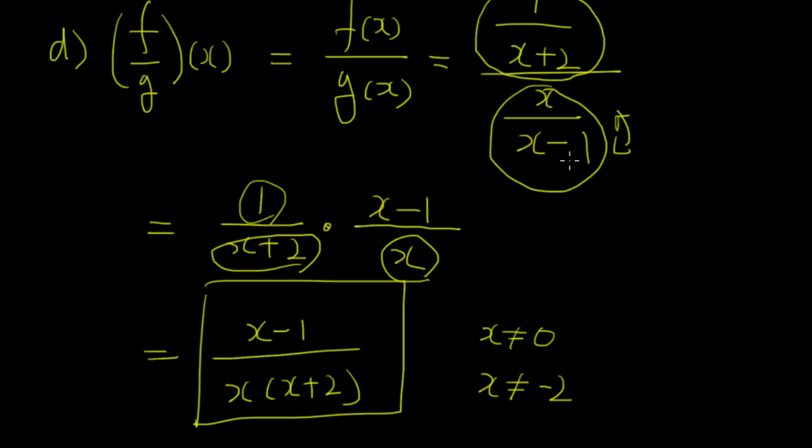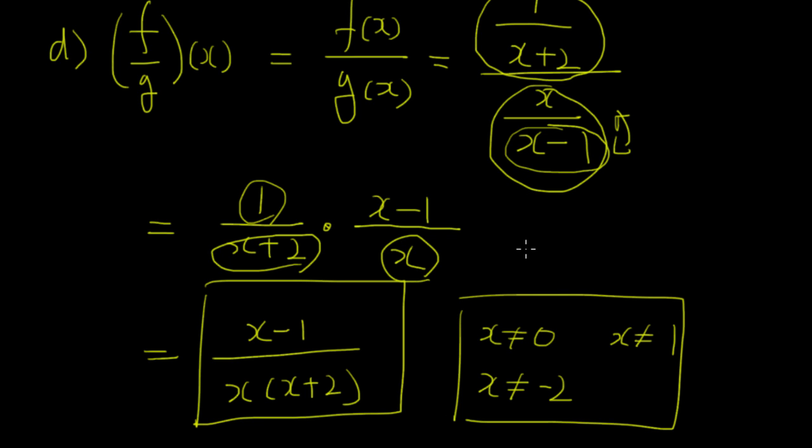Any denominator that will make any part of this solution equal to 0, we don't want that x value. So let's look right here. x cannot be equal to 1, because if x equals 1, you cannot get to here. It'll blow up right about here, right? So you have to have all three conditions, just like that.